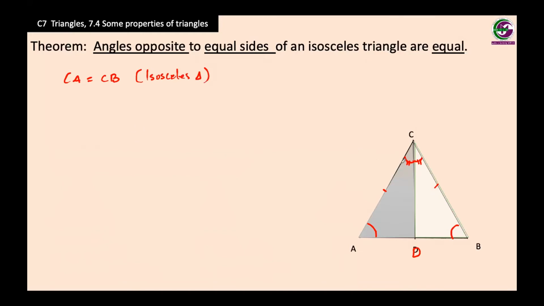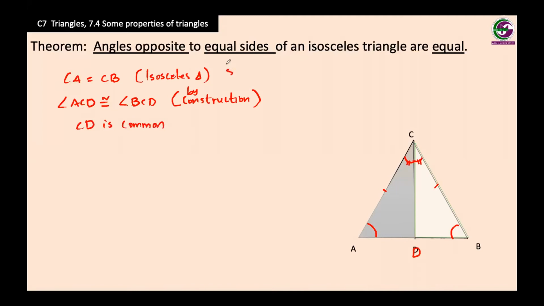And now by construction, we have angle ACD congruent to, or equal to, BCD, by construction. Now CD is common to the gray triangle and to the white triangle. So we can say CD is common.